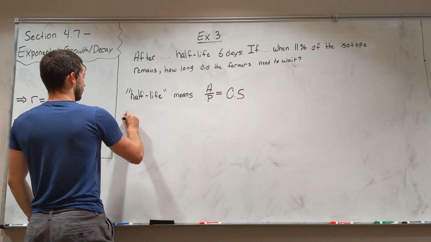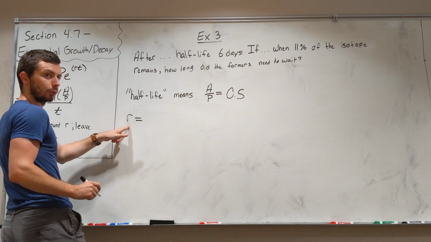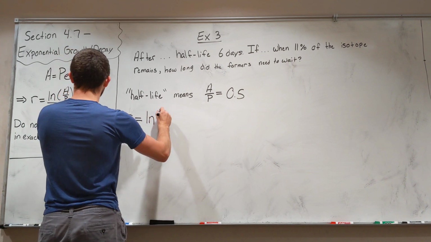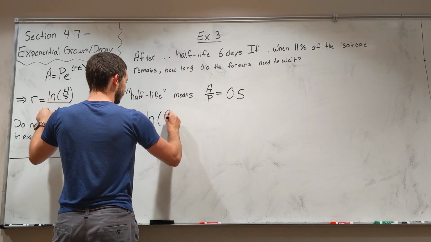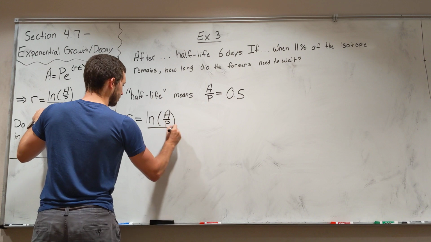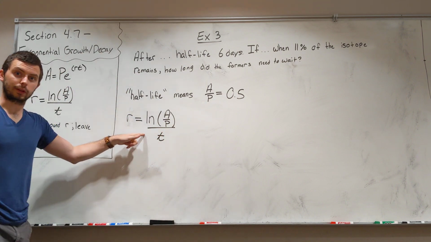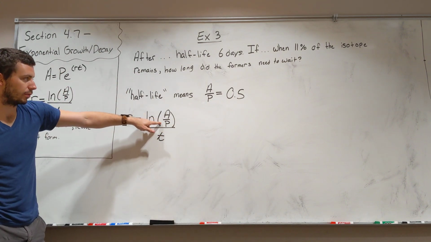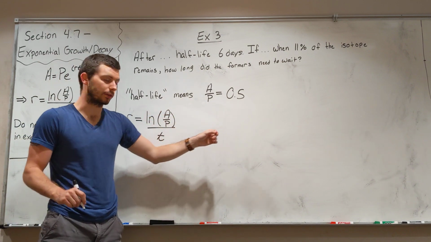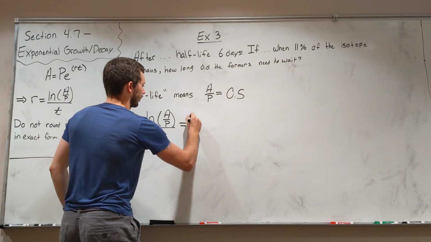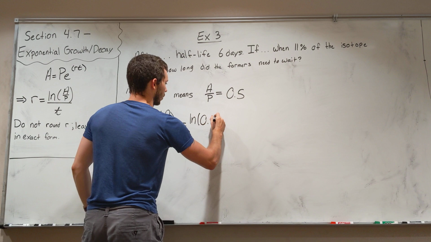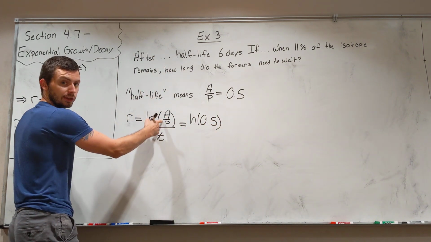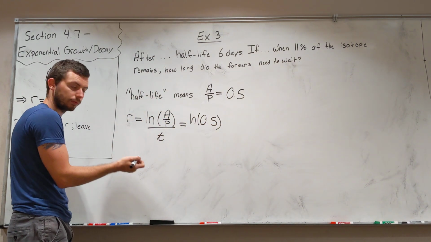So the half-life here, we can figure out the rate. So the rate, as I have written down over here, is exactly this. But remember, A divided by P, because this is half-life, this tells us that this is the natural log of 0.5, because A divided by P is just 1/2.